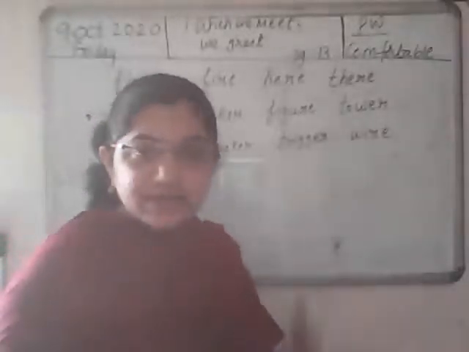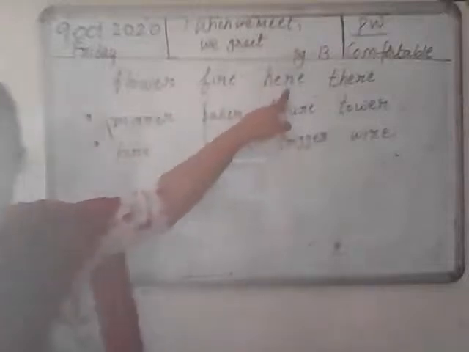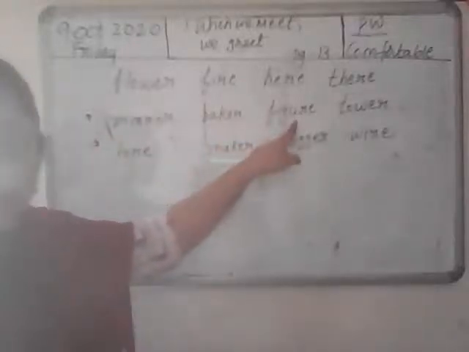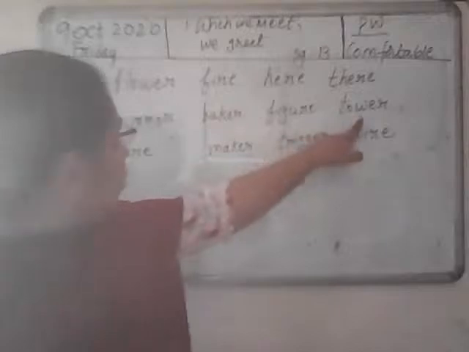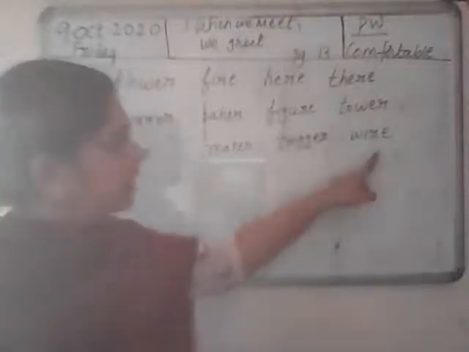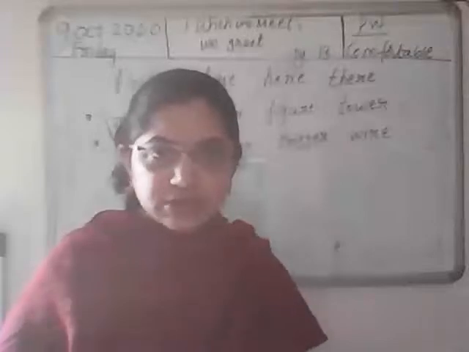The words are flower, fire, here, there, mirror, baker, figure, tower, hire, maker, trigger, and wire. These are the list of words that has been given in your book.